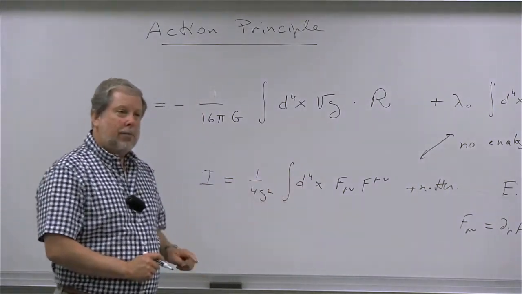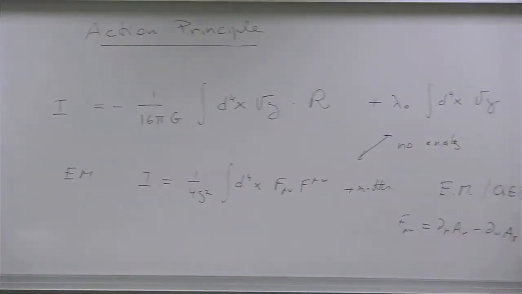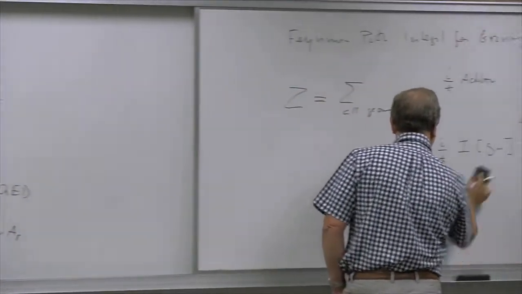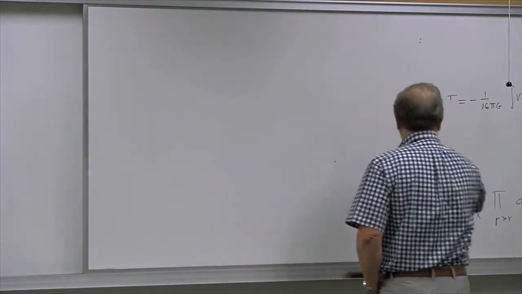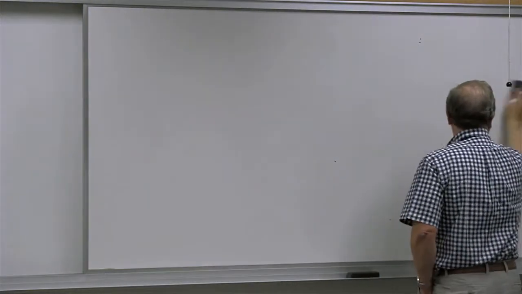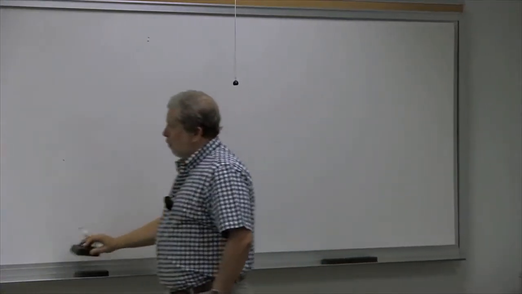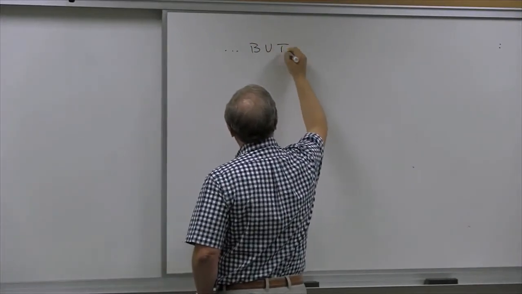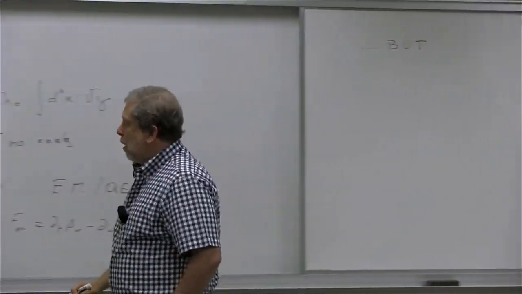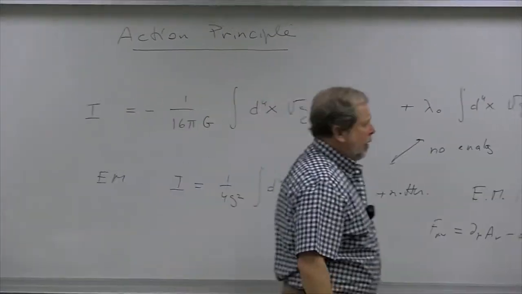There is an analogy, because there is an analogy with the F mu nu squared of electromagnetism, right? Because you can have some other terms that look like that.